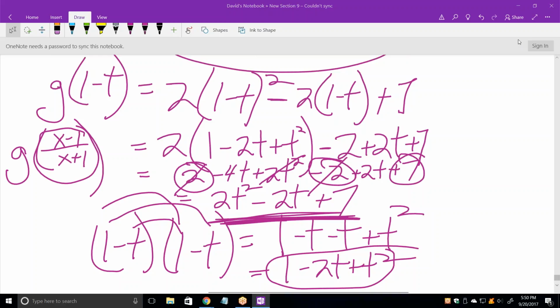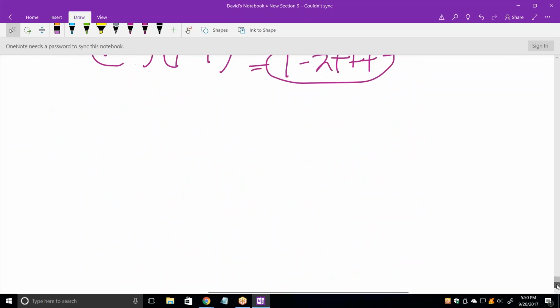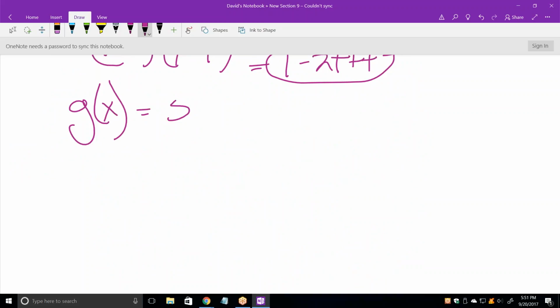Okay, so the next one is g of x equals x minus 5 over x plus 8.